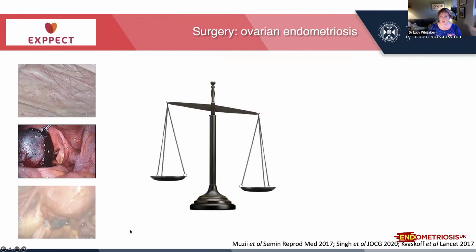But also there is a very small risk, particularly if you're operating on both ovaries, that we reduce the egg count so much that we can bring forward the time of menopause. So this is the risk-benefit balance. We think there's some better quality evidence perhaps for the role of surgery for endometrioma, but particularly for the smaller endometriomas, we're still rather uncertain exactly how to counsel patients on which is the best way to go ahead to address their pain symptoms.